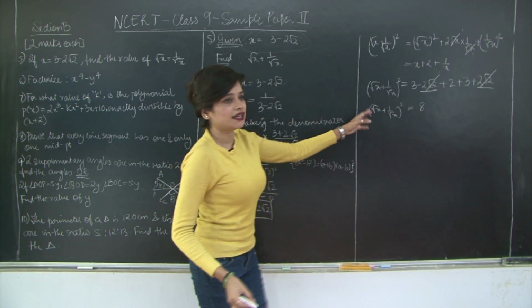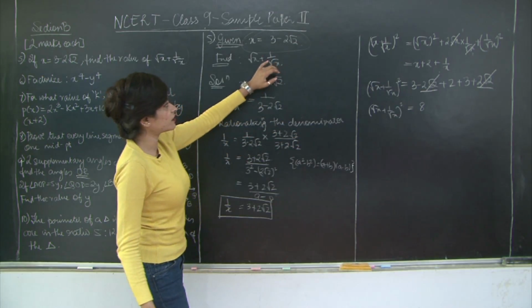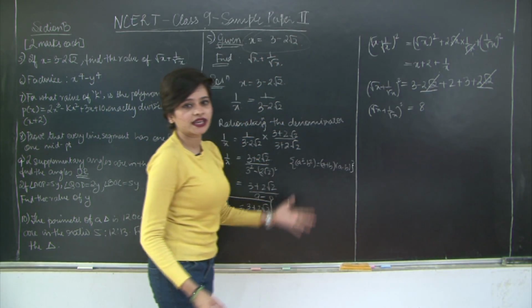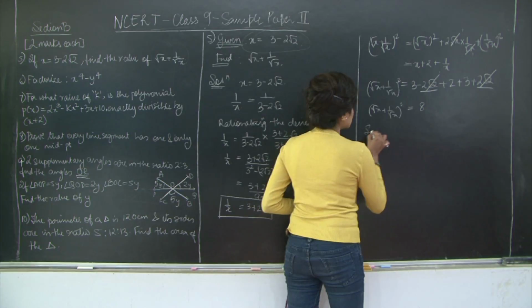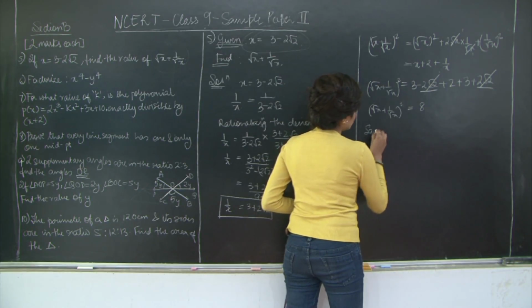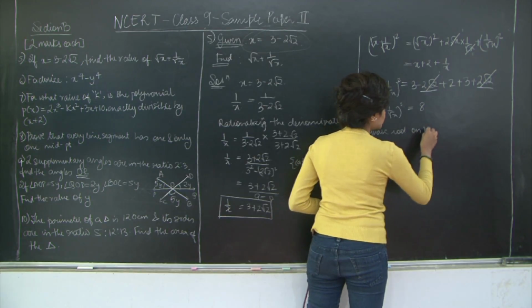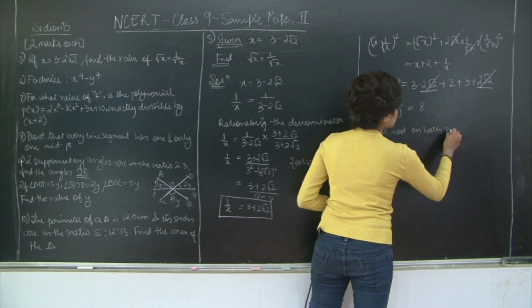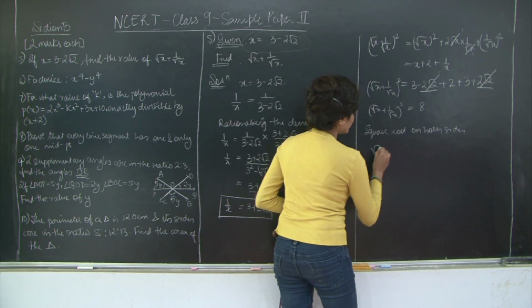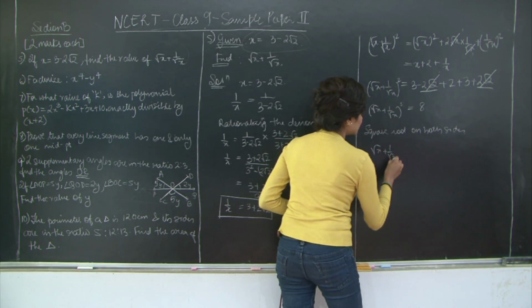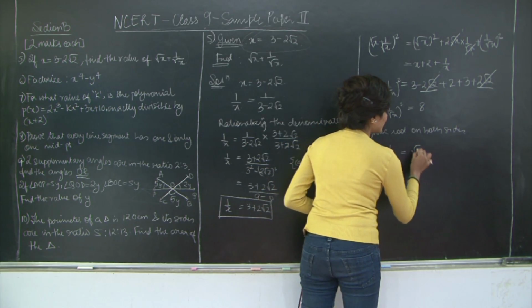But see, what we need is this term inside the bracket without the square. So what you're going to do is take square roots on both sides. I get root of x plus 1 upon root of x is equal to root of 8.